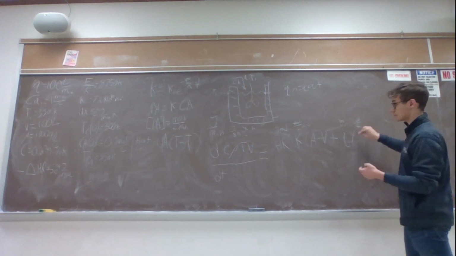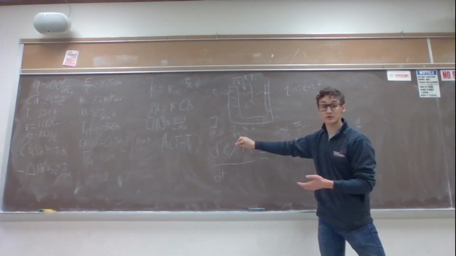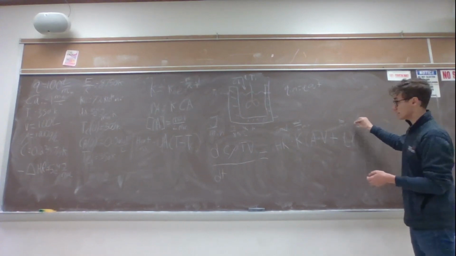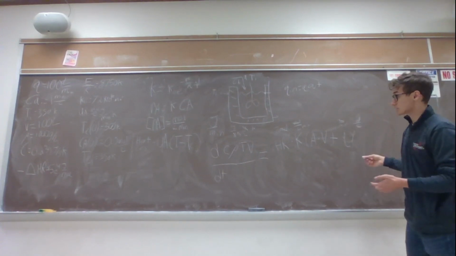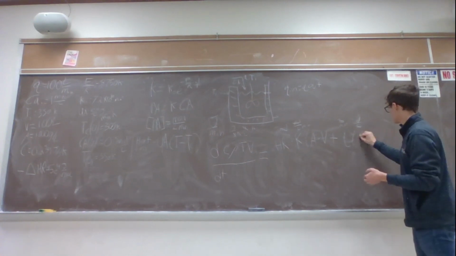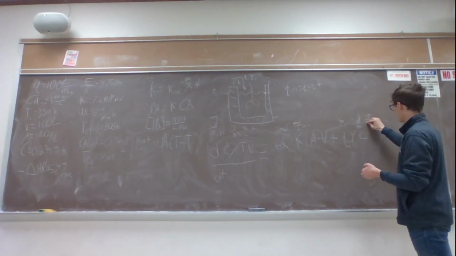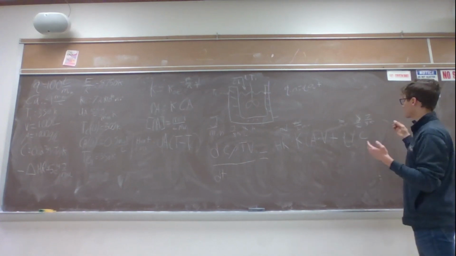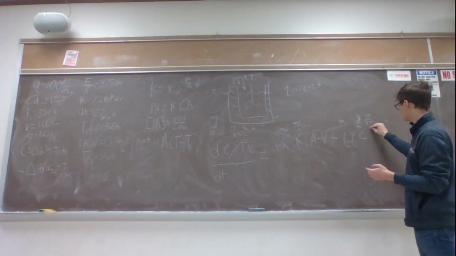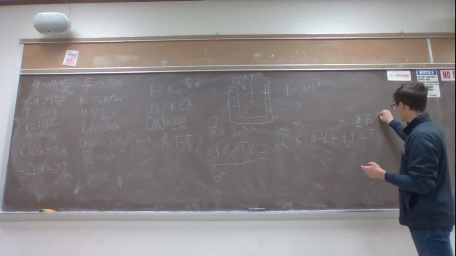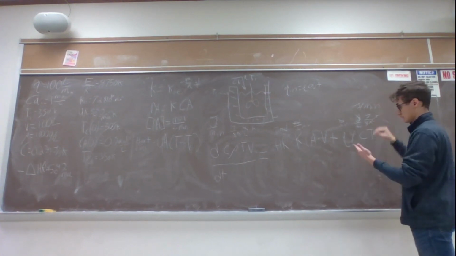So now we have grams per minute, and we're almost doing the exact same thing as what we started with over here. Now that we have grams per minute, what can we do to get rid of grams? That's going to be C, or joules per gram Kelvin. And now we need to multiply this by the temperature, which is in Kelvin, and that leaves us with joules per minute.